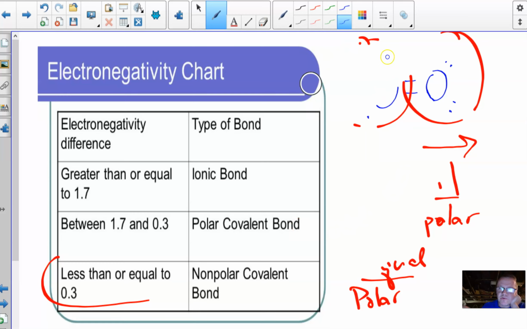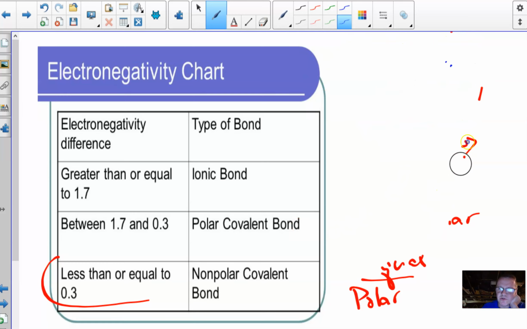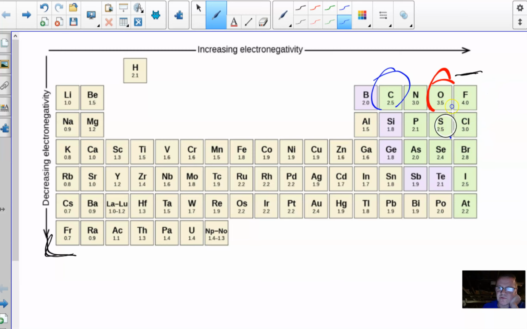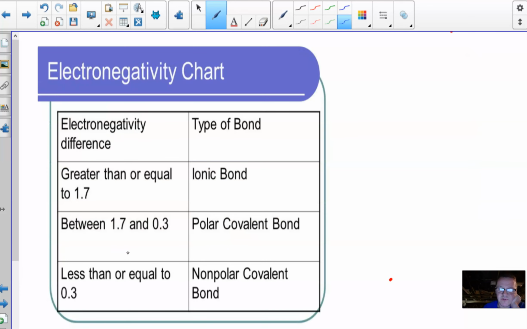Just in review, you can use these two charts, this chart here and your electronegativity value chart, to find the electronegativity difference between the two elements in a bond, and then classify them based off of that difference as polar covalent, non-polar covalent, and again, the ionic bonds are really easy to identify because they've got to have a metal.